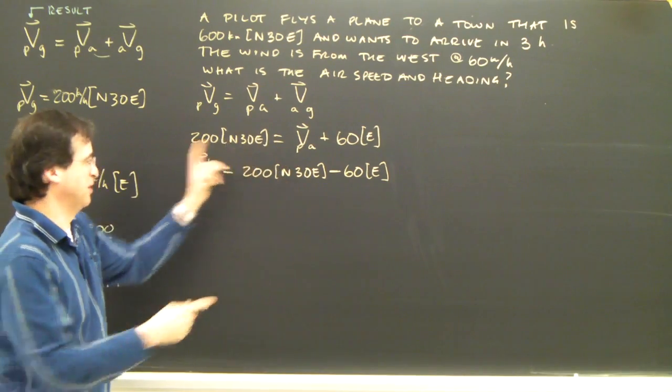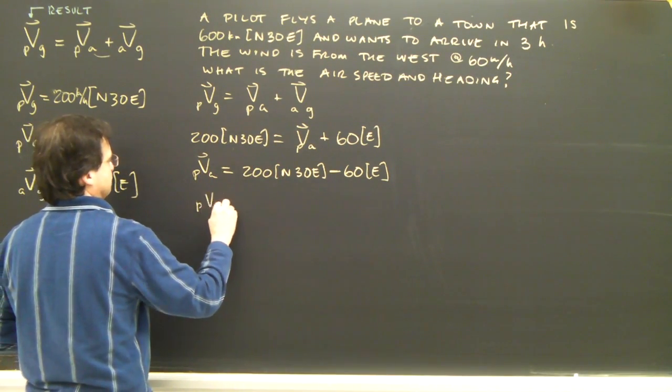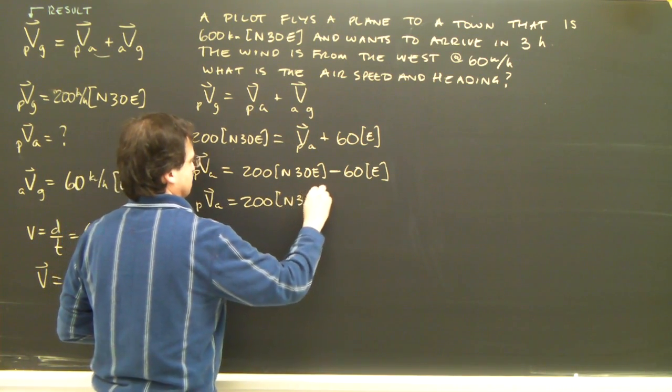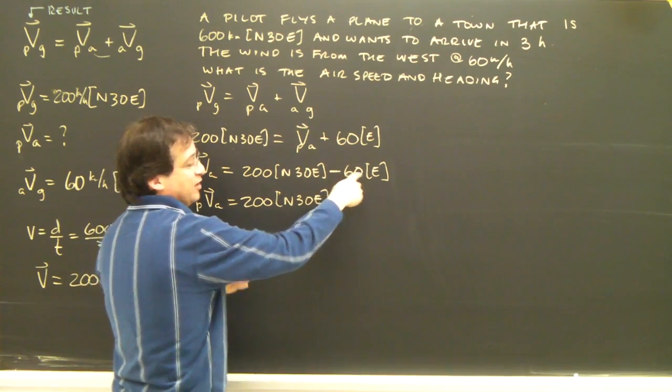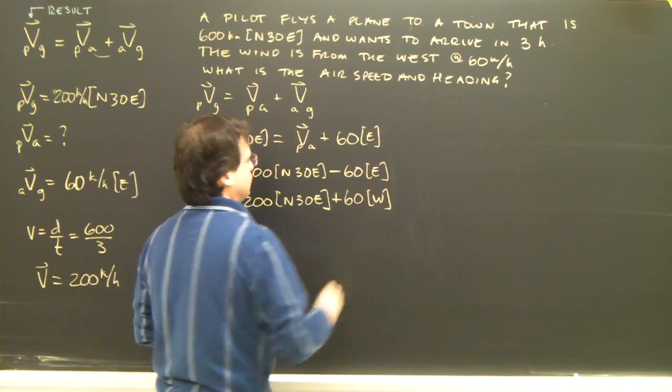So I've rearranged it. You might have to do that a couple times to see exactly how I got that. Negative 60 east becomes 60 west.